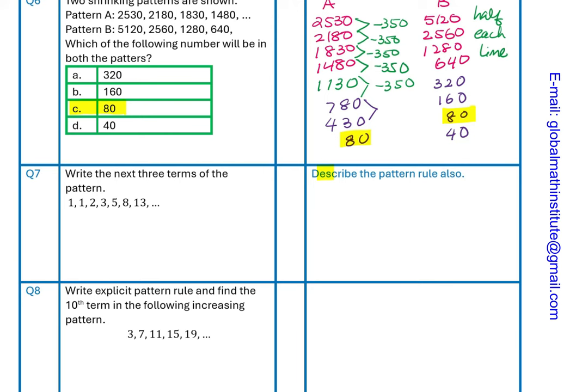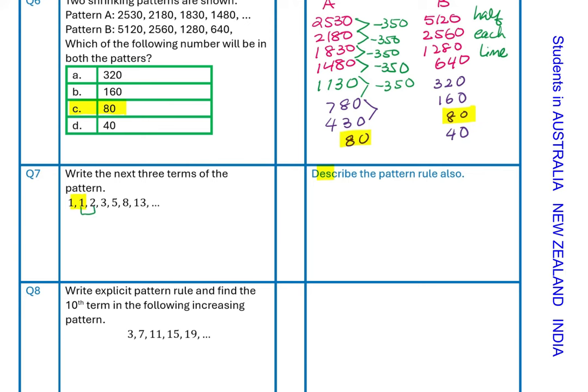So, what really is happening here is that how do you get 2 is to add 1 and 1. And then when you add 1 and 2, you get 3. When you add 2 and 3, you get 5. And 3 plus 5 is 8, and so on.